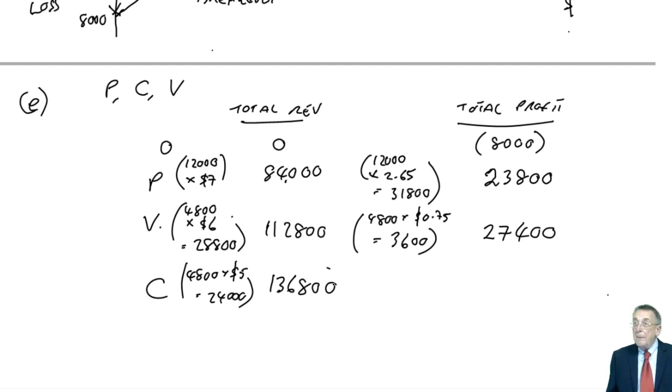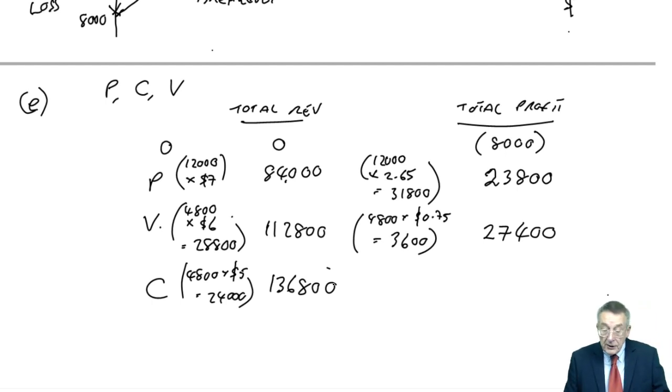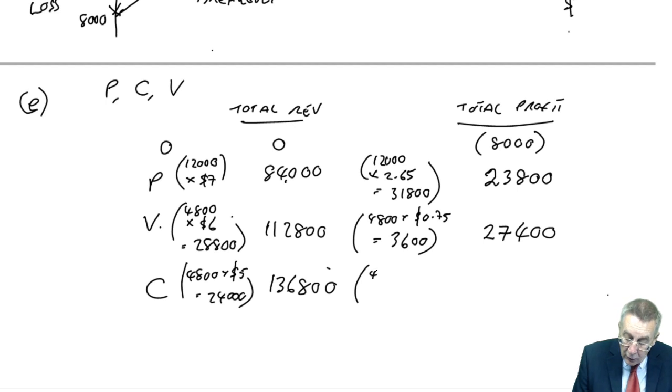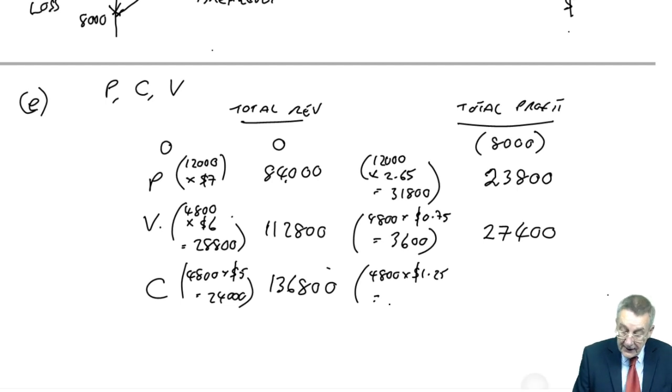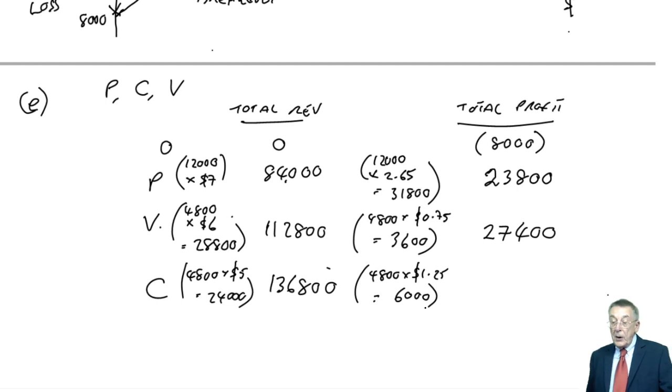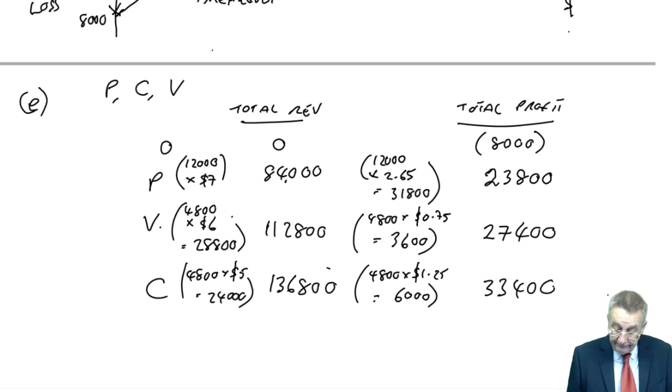We've already got 27,400, but we get the extra contribution from C. 4,800 at $1.25 is, I think it's 6,000. And so that'll put our profits up to 33,400.